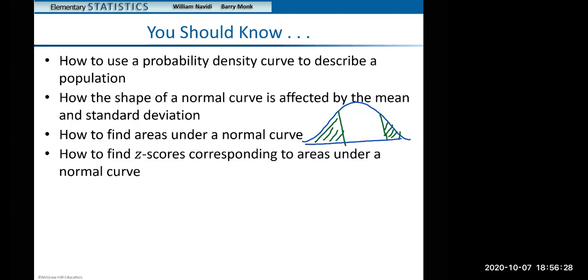Let's say this is on the negative side, negative 1.11, and let's say this is 1.89. How are we going to find the area of these shaded regions here?